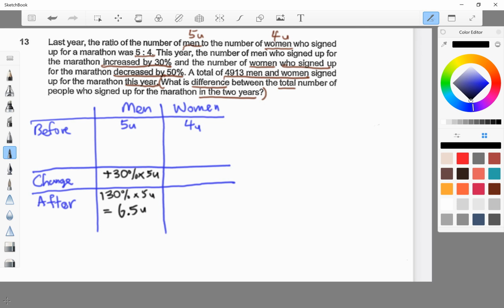As for the women, it decreased by 50%, which is minus 50% times 4 units. So this will mean that the women in the end is also 50% of 4 units. Because 100% of the women, if I subtract away 50%, I'll be left with 50%.